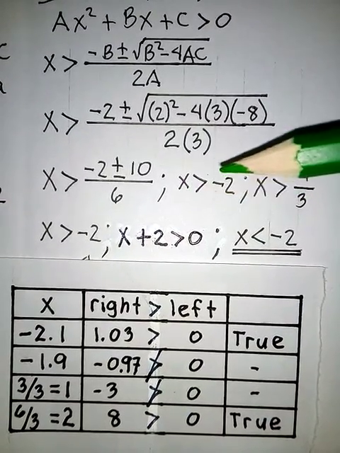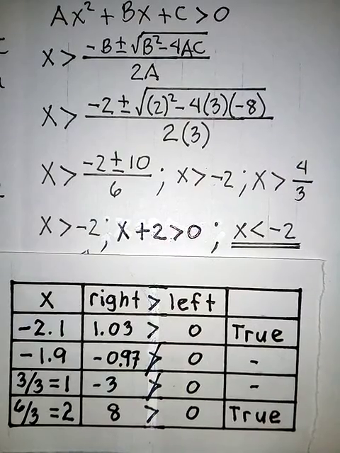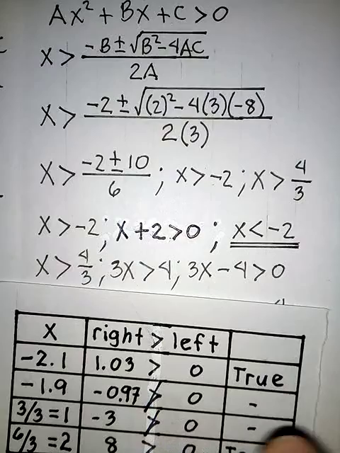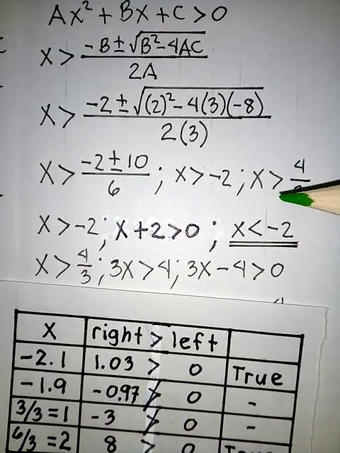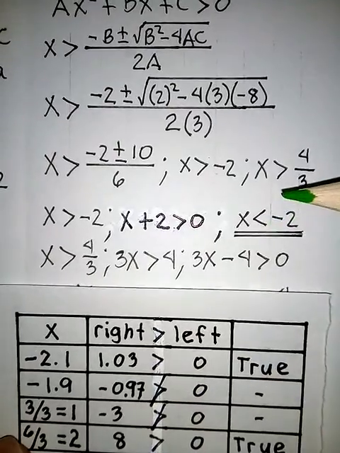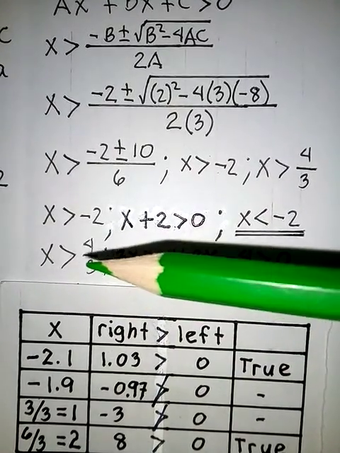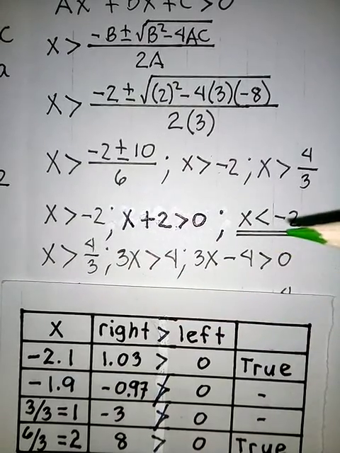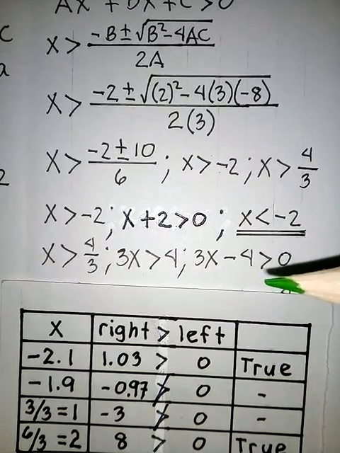So, we have here the factors to be x plus 2 greater than 0, and this one, x is greater than 4/3. So here, cross multiplication: 3x greater than 4, and then 3x minus 4 greater than 0.